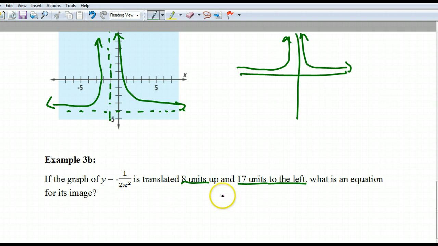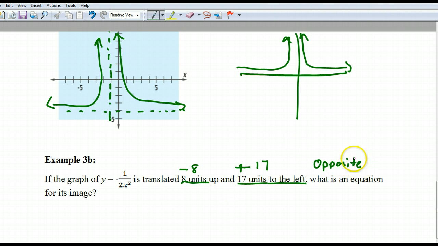Okay, so here's one way to do it, Chandana. So if it's going 8 units, it's always the opposite. So think of this as a minus 8, and this is a minus 17 because it's going to the right, so it'll be a plus 17. It's opposite of what you think. But to the left would be, okay, yeah, got you. Think opposite.